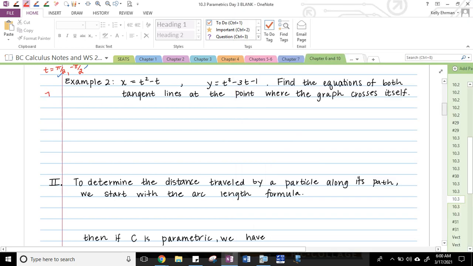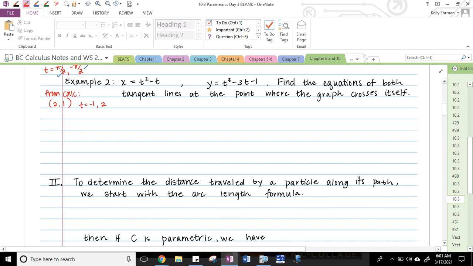From the calculator, you can see the graph crosses itself at (2, 1), and I can also see t equals negative 1 and 2. In the interest of length of the video, you should verify algebraically just in case.